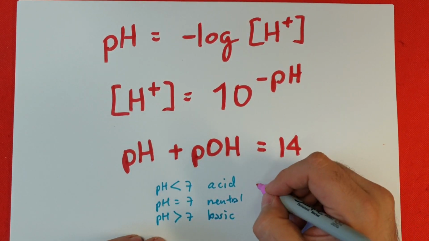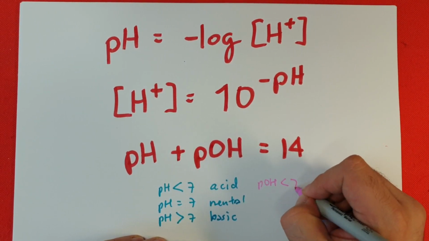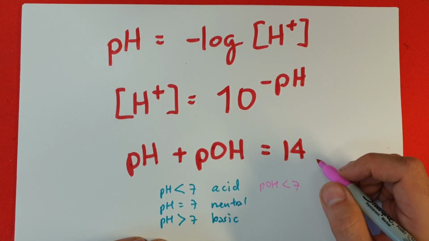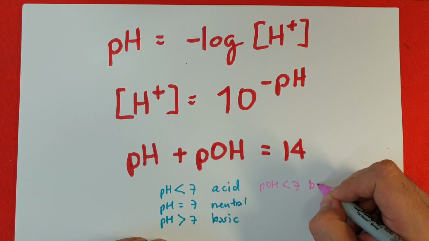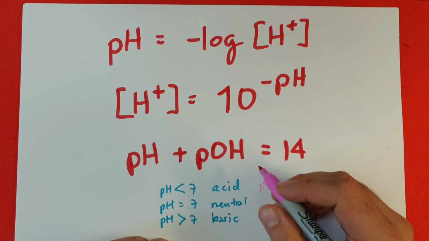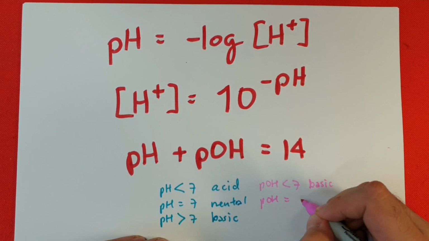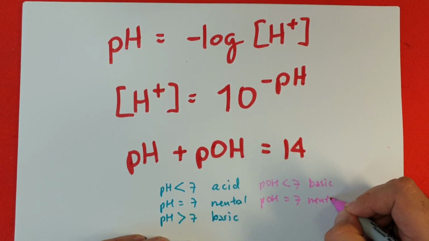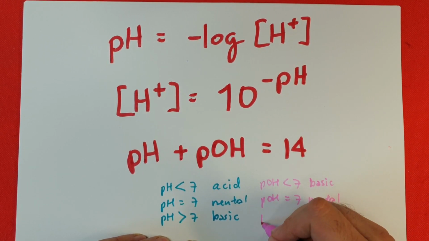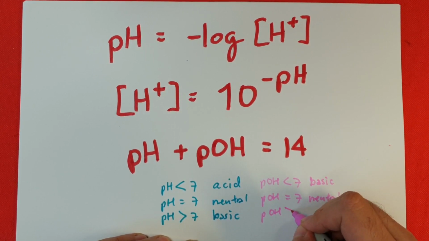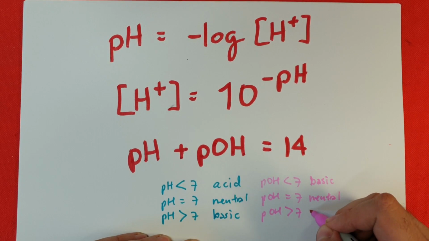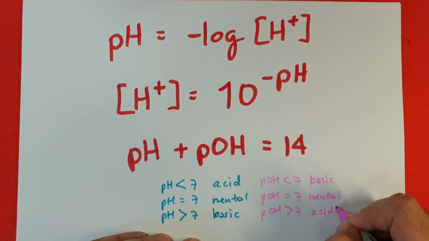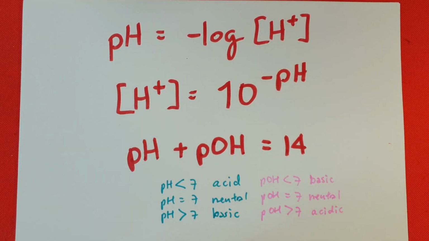If we get a value of pOH that's less than 7, what do we get? Basic. If we get a pOH value that's equal to 7, neutral. And if we get a pOH value that's greater than 7, we are what? Acidic. In pOH, which is the opposite.